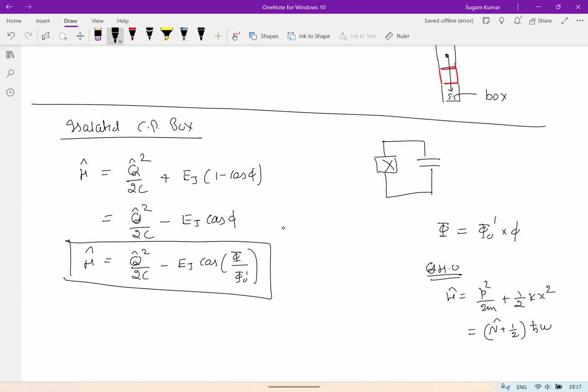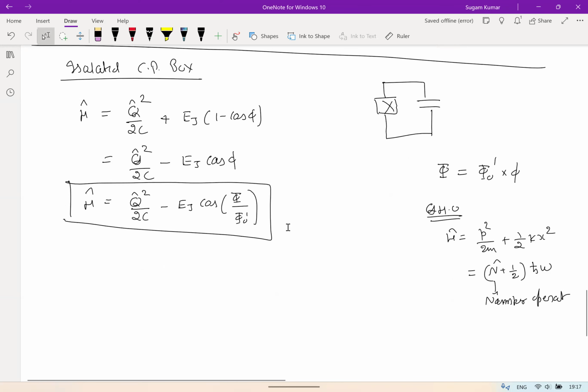Can you recall? Where this n is called a number operator. And how do you define this number operator? A dagger A, the raising and lowering operators.